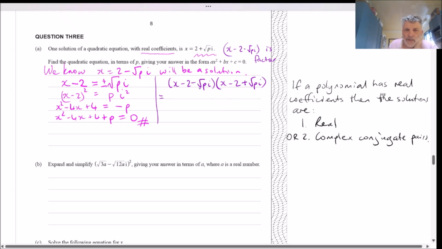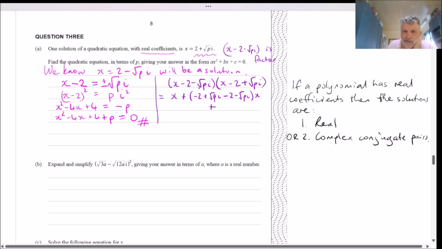You'd get x squared, then x times that, so plus minus 2 plus root p i, and then x times this, another minus 2 and minus root p i x, and then plus, you get this times this.